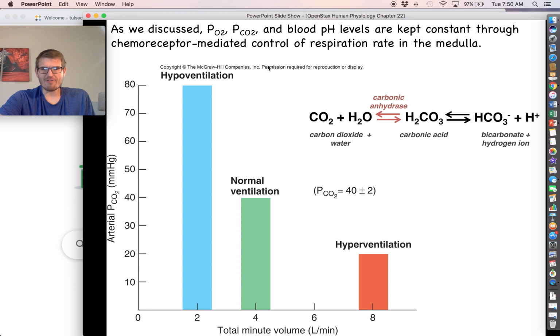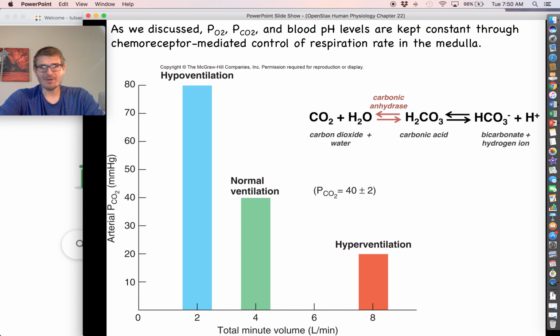The first thing to look at is what would happen to the levels of carbon dioxide as you transition from normal ventilation to hyperventilation. Let's say that for some reason you start breathing way too much, even though you don't need to, breathing in and out way too fast.